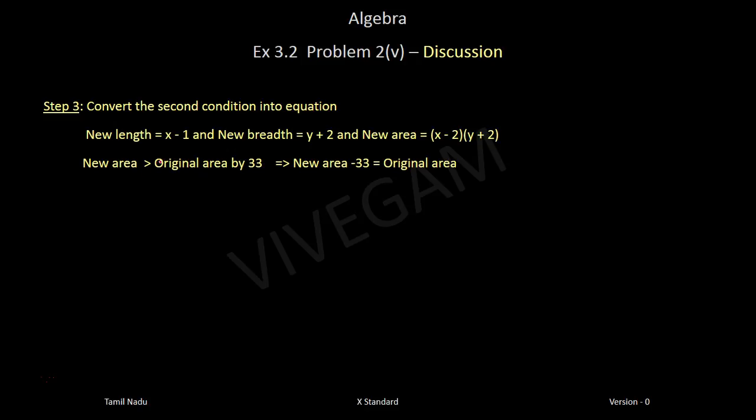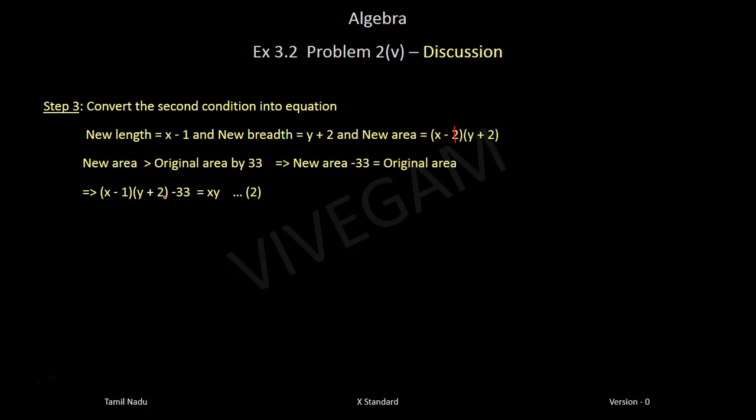The new area is greater than the original area by 33. What does it mean? This is more than this by 33. So reduce 33 here, and it will become equal. So new area minus 33 equals original area. So x minus 1 into y plus 2 minus 33 will be equal to xy. So this is equation 2.